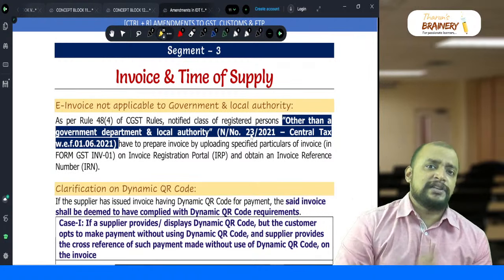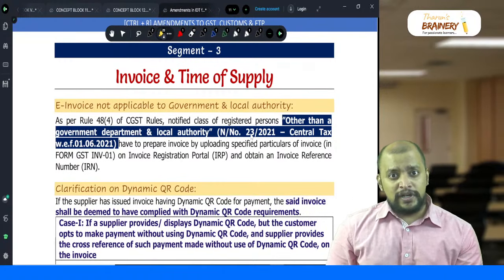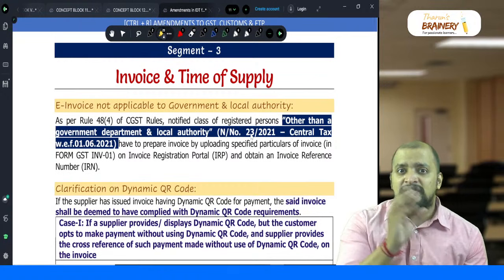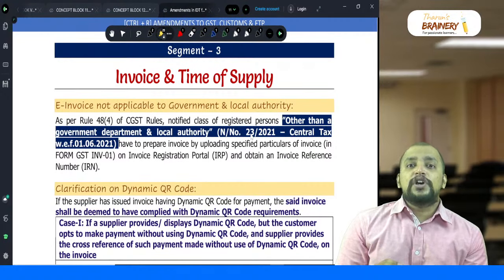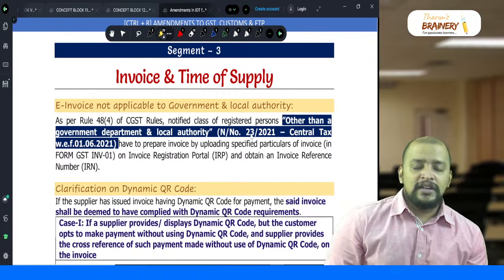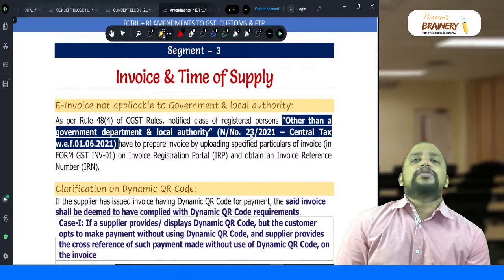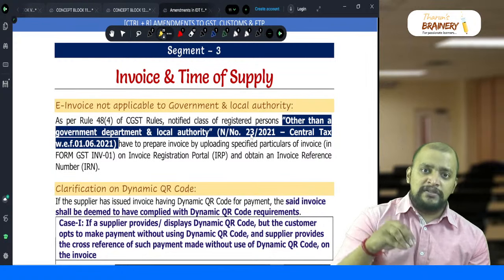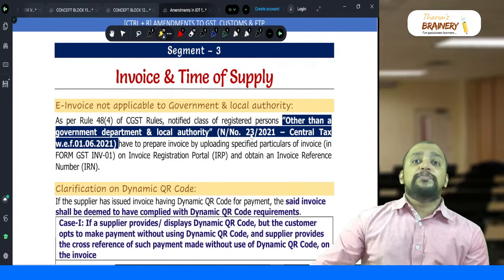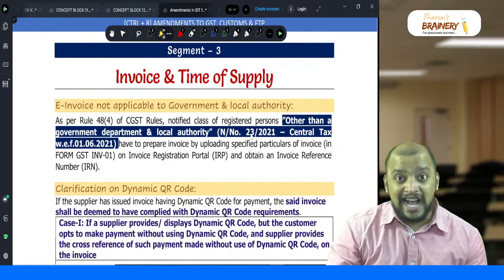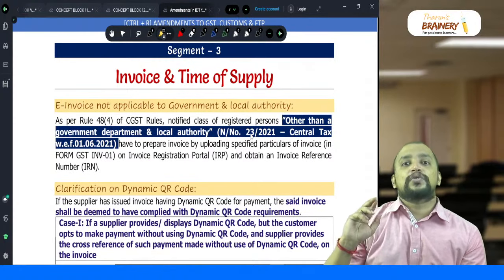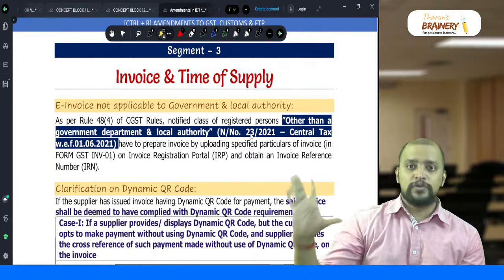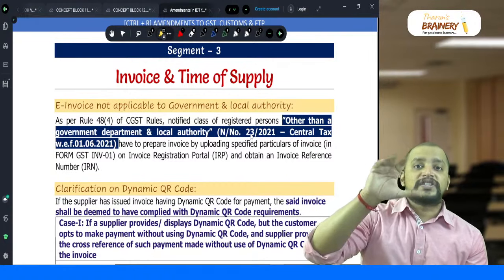Every registered person whose aggregate turnover during any of the preceding financial years from 2017-18 to 2020-21, they are required to give e-invoice for the B2B supplies during the current year 2021-22. Got it?